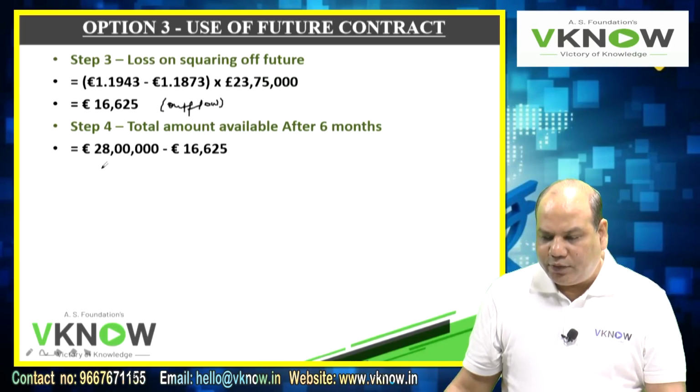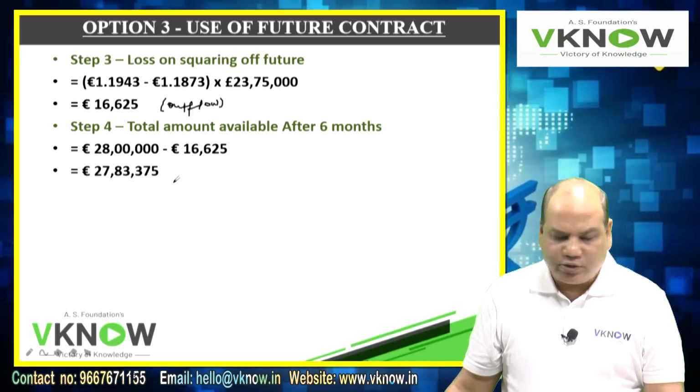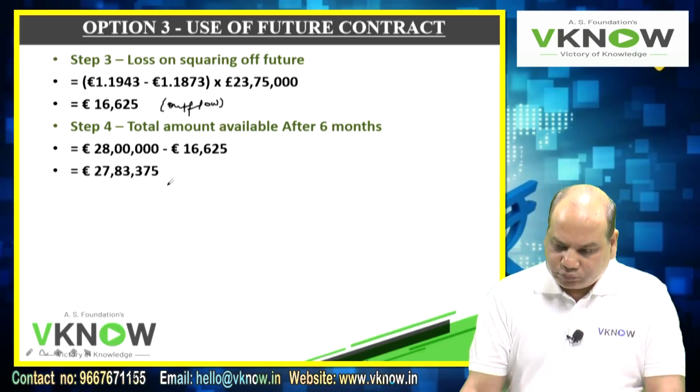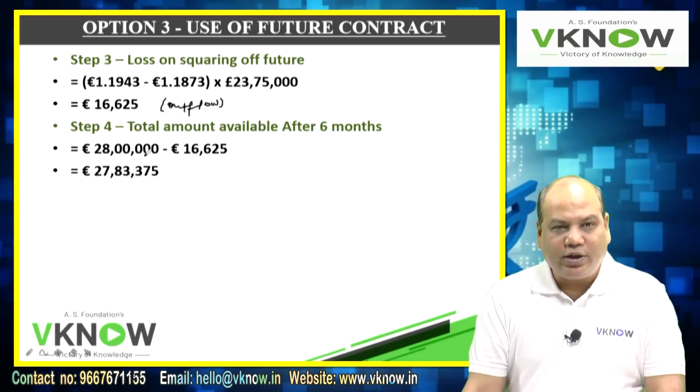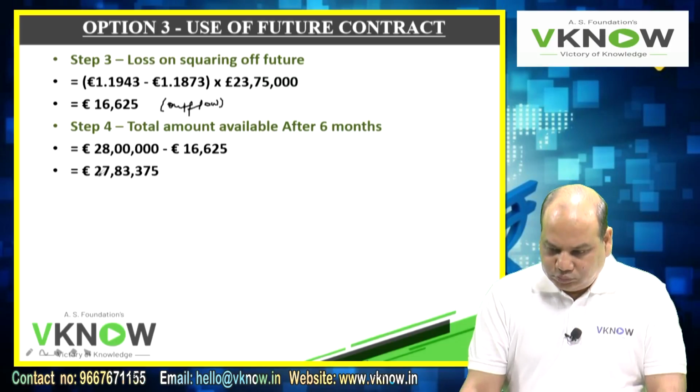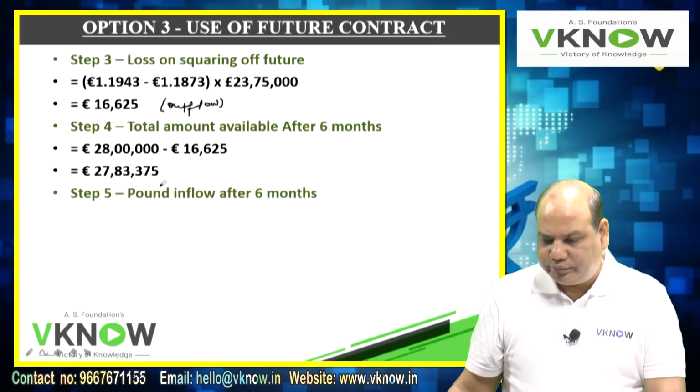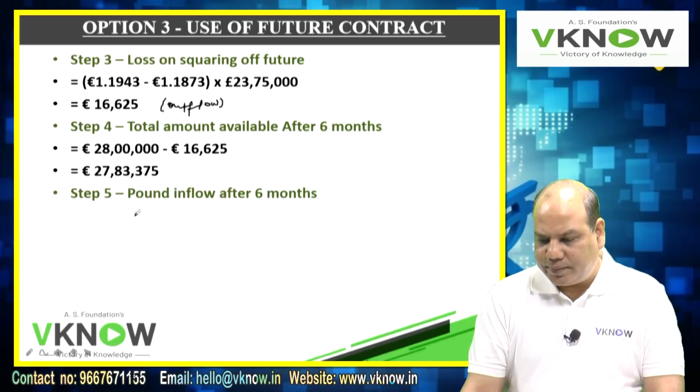So I am left with now balance 27,83,375 euro. So step 4, total amount available after 6 months is euro 28 lakh minus euro 16,625, 27,83,375 euro.